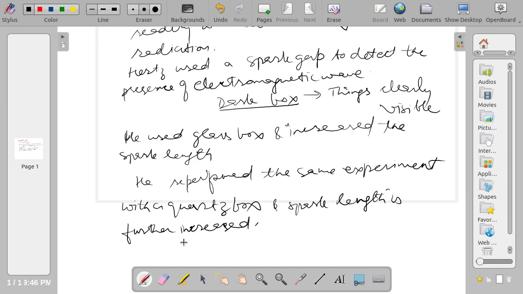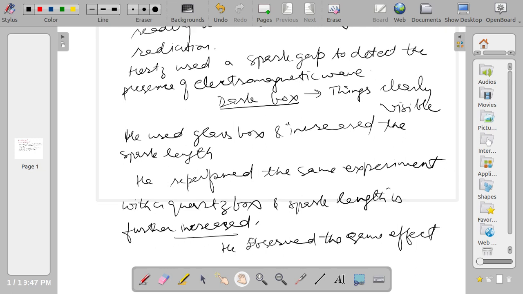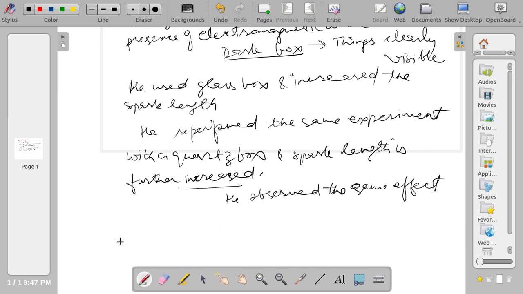He observed the same effect. And this is the first observation of the photoelectric effect.